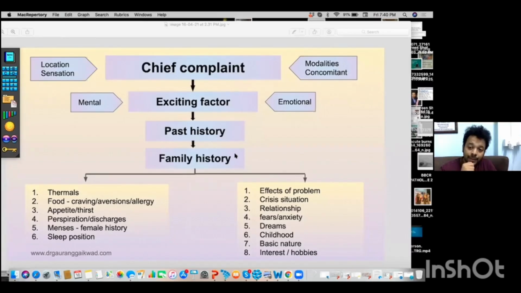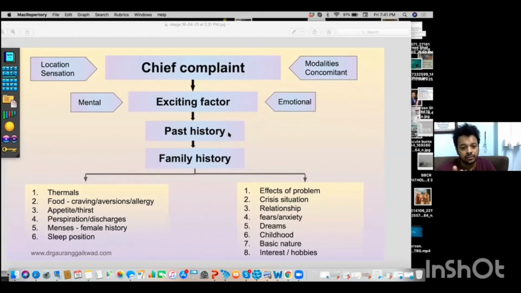So understanding family history, in cases where there has been a history of a lot of rheumatisms, paralysis, strokes, you're thinking about syphilitic miasm, heart problems. So family history can be very, very important.